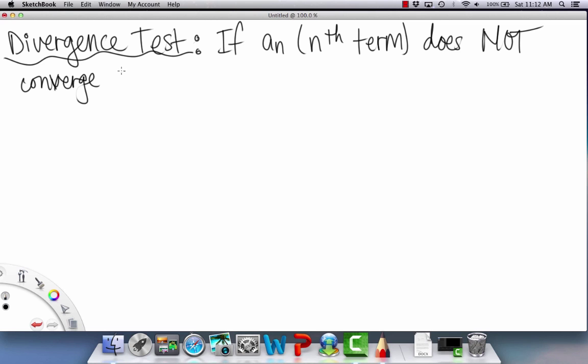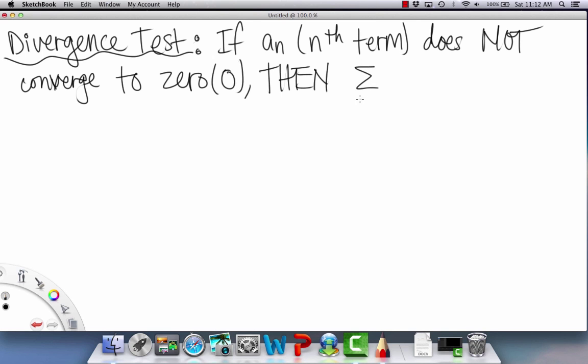So if it does not converge to 0, I'll write it as a number for emphasis, then we can say that the infinite series of a_n diverges.